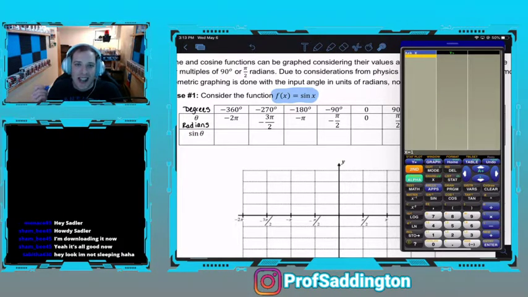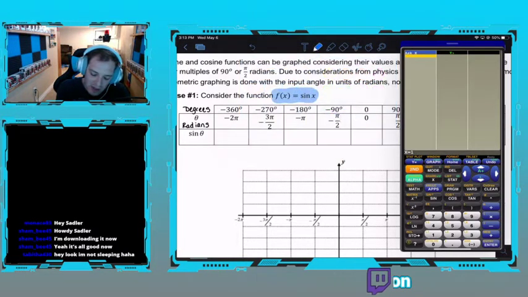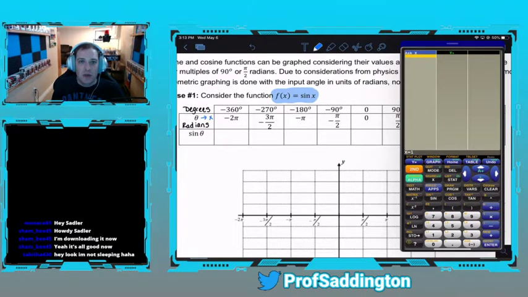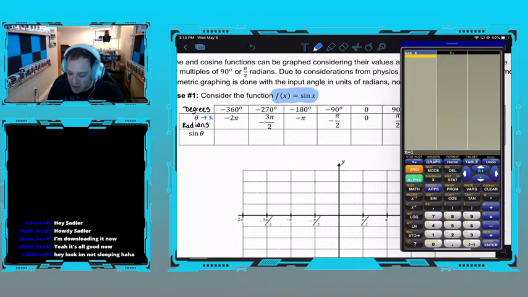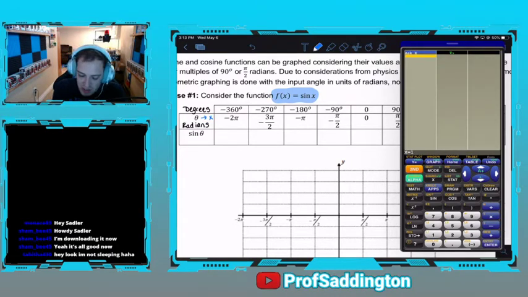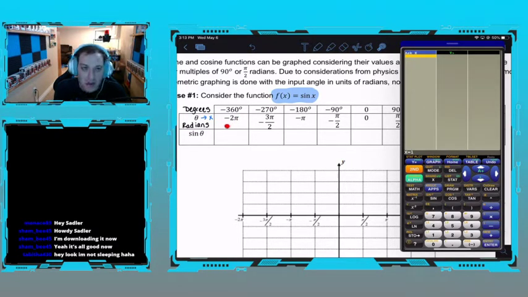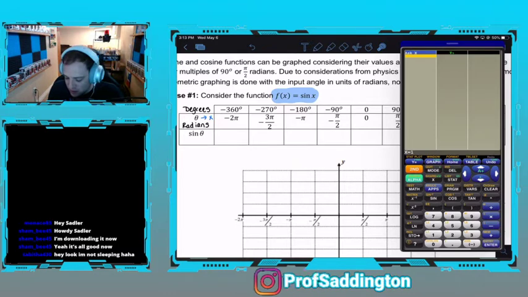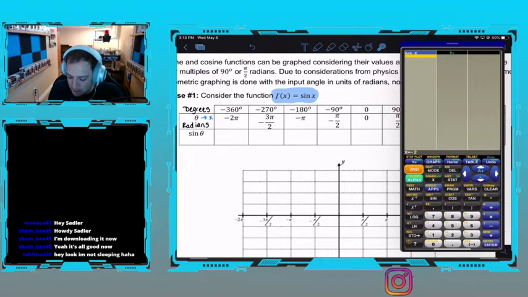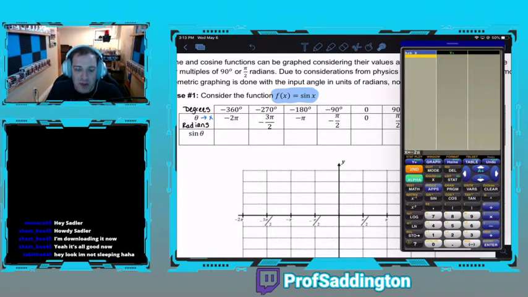However, it says ask x. The x values are everything that we have here with the radians. So what I'm going to do is I'm going to type into my calculator that first x value of negative 2 pi. So I'm going to type in negative 2 pi. And you guys should be seeing it's coming in towards the bottom screen of the calculator.